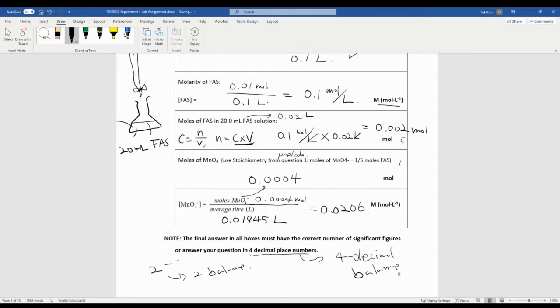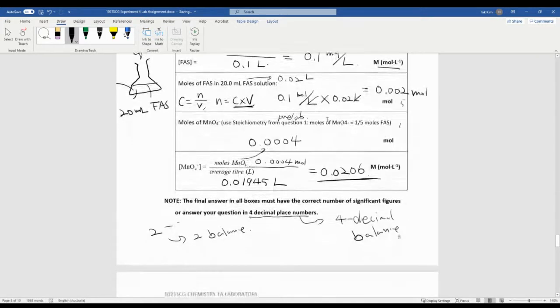So by using four decimal places, it tells us that your accuracy was four decimal places, right? That is why the assignment asked you to answer in four decimal places. So in the end, I have this molarity, which is better than approximately 0.02 or something like that, because this number has much more precision, right?